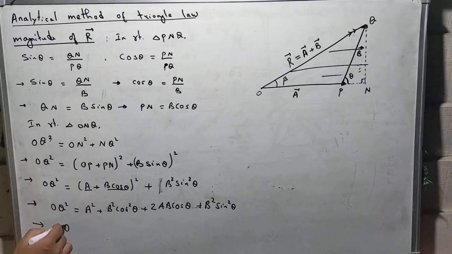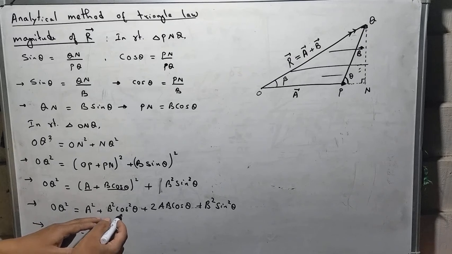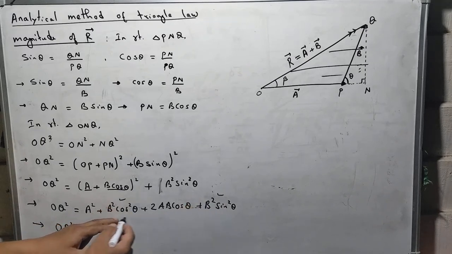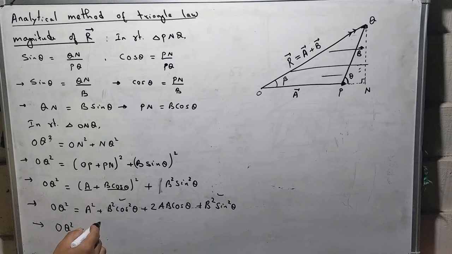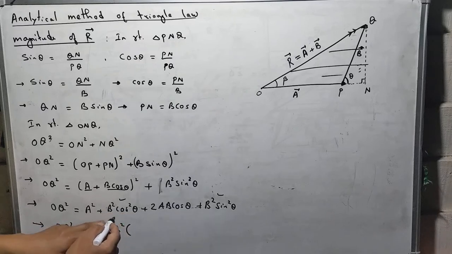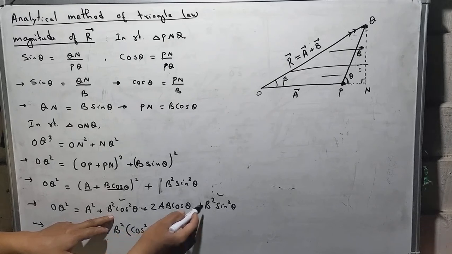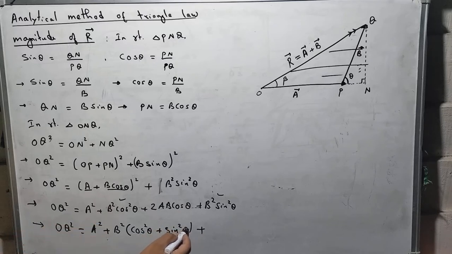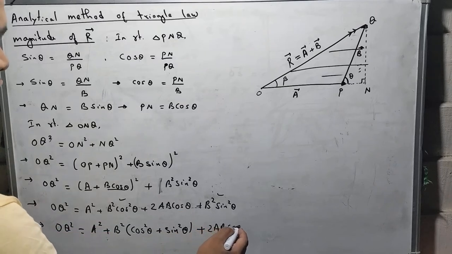Next, OQ square is equal to, now I will combine these two. So first A square plus B square. Here I have B square cos square theta plus B square sine square theta. Now I take common B square, so you'll get cos square theta plus sine square theta inside the bracket, plus 2AB cos theta.